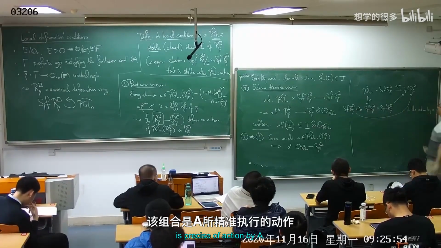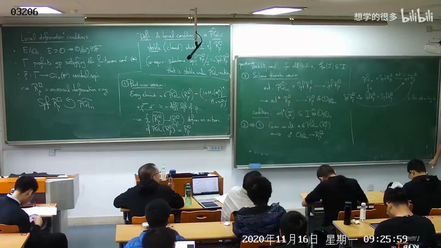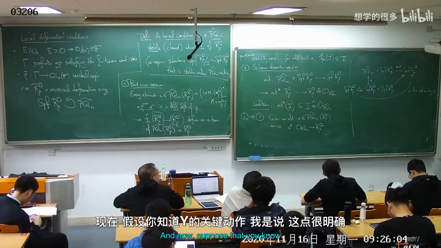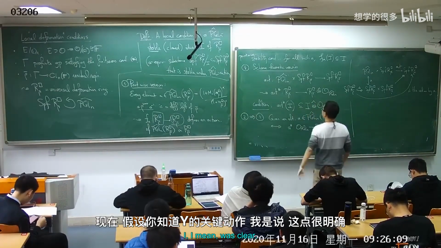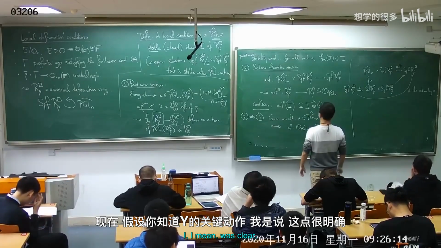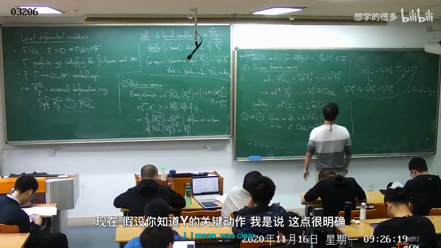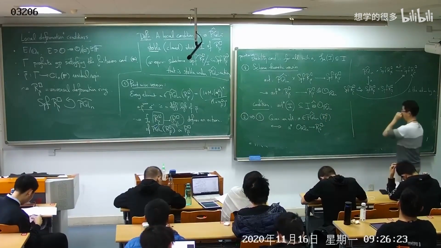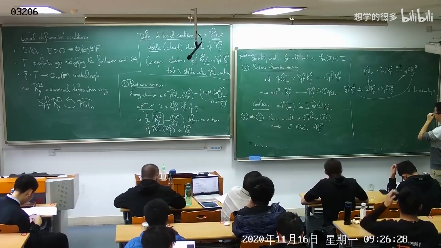That composition is precisely the action by A. And now suppose that you know that action star of I belongs to here. That was clear to me. Sorry, I didn't prepare this.